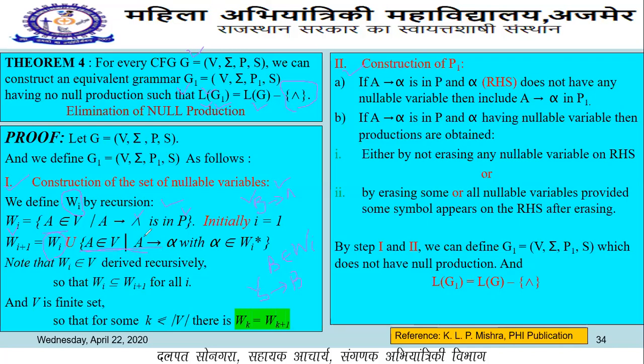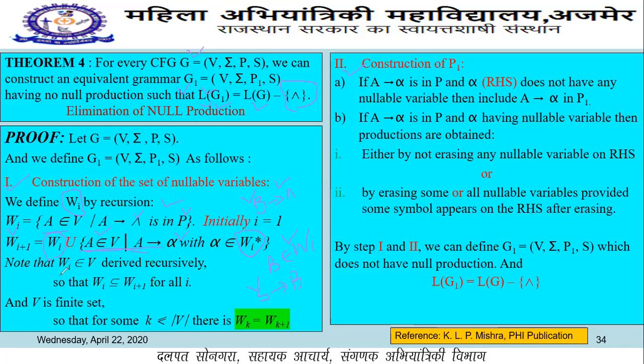So suppose we include those variables which derive alpha, and alpha belongs to the previously calculated set of nullable variables. I hope you understand this. Otherwise, just listen again. This is very simple, and we will take one particular example to understand more clearly.